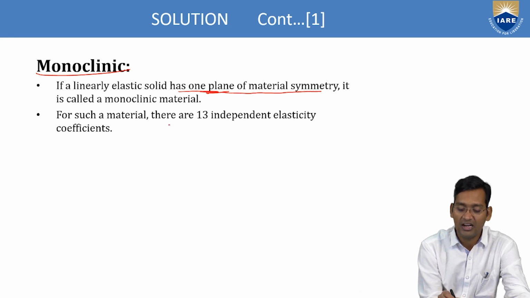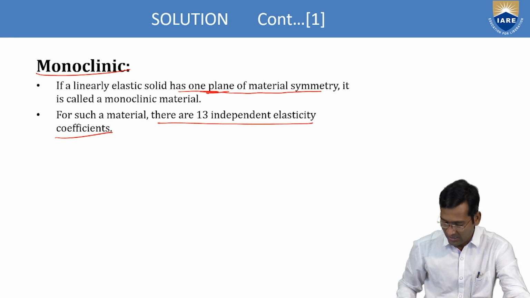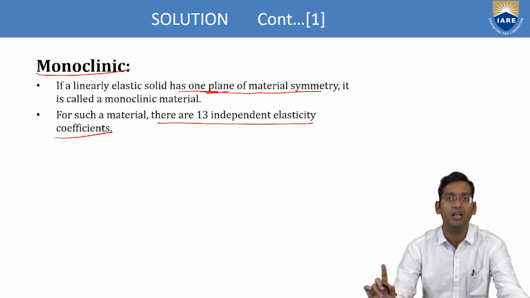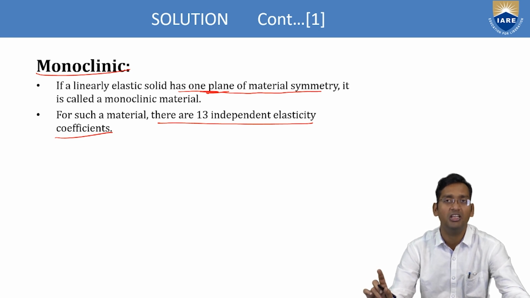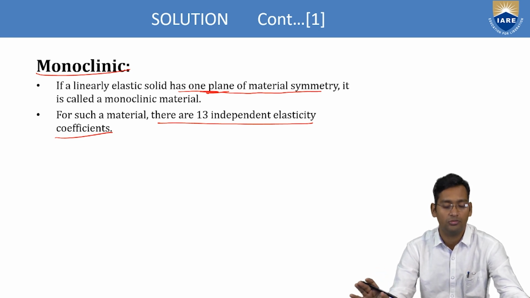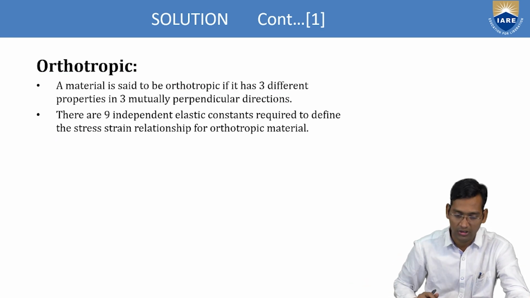For such a material, there are 13 independent elastic coefficients. So for anisotropic there are 21 independent constants, and here 13. The remaining 8 can depend on the others, but 13 should be independent. That is for monoclinic.